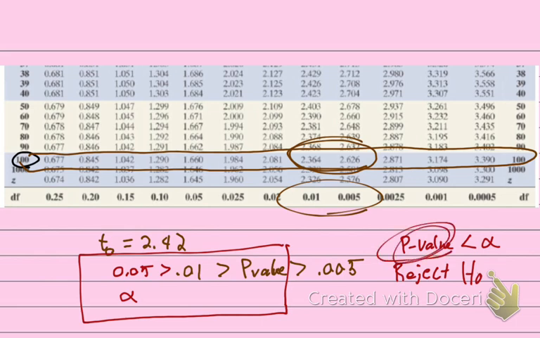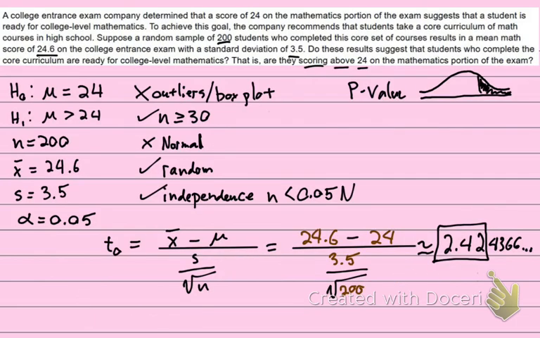This p-value is so small, such a rare event with our sample, that we are going to reject the null hypothesis. Okay, there is sufficient evidence to conclude that the population mean is greater than 24. All right, so reject null hypothesis. That's it.